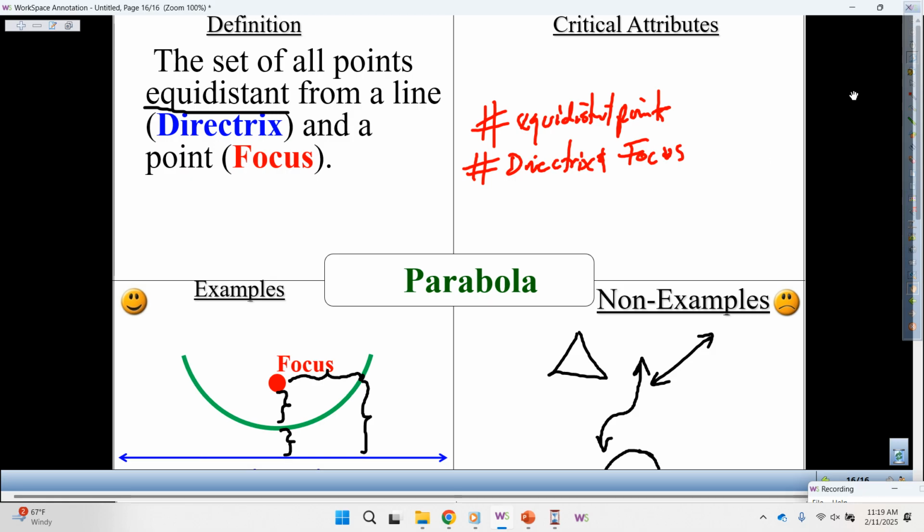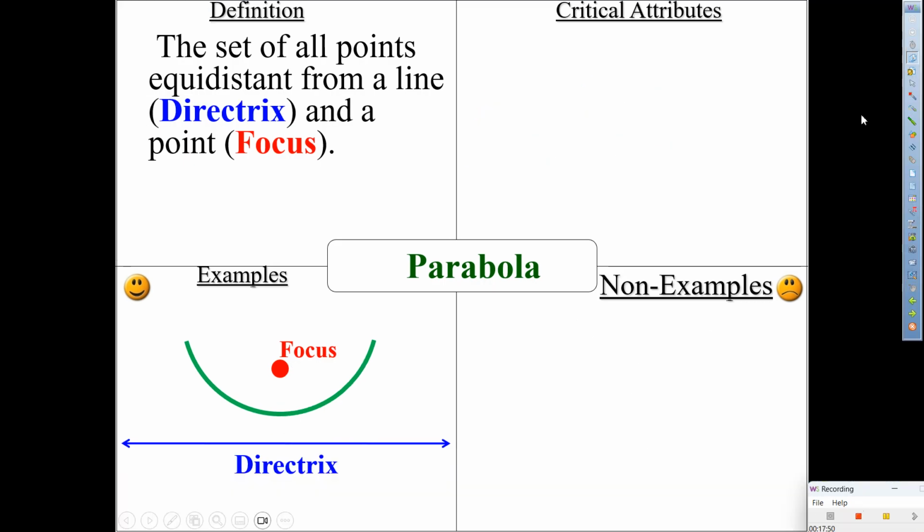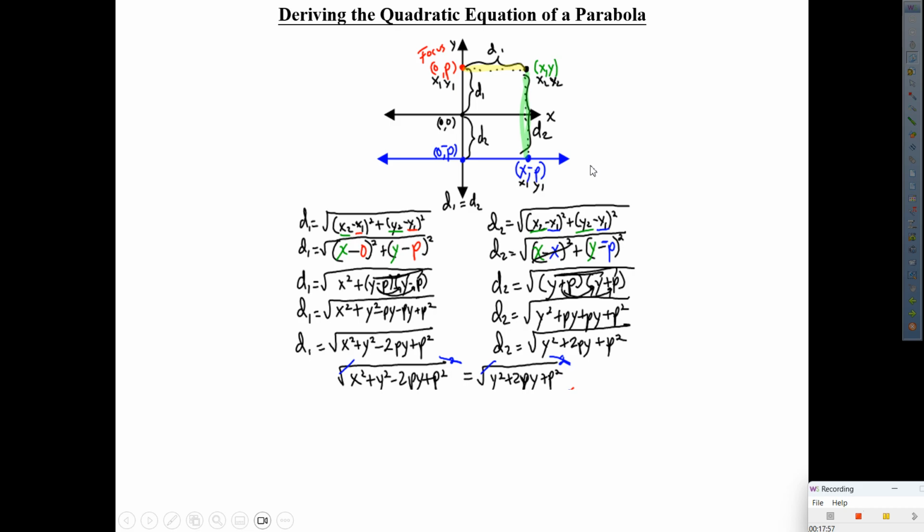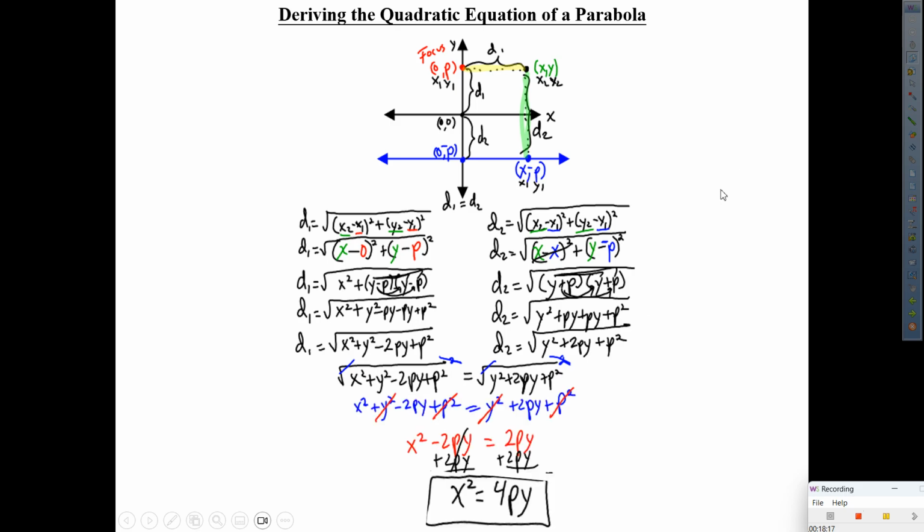Eventually, I am going to have you derive the equation, but for right now, we're not. The equation that we're going to use is x squared equals 4py. However, that's for one type of parabola.